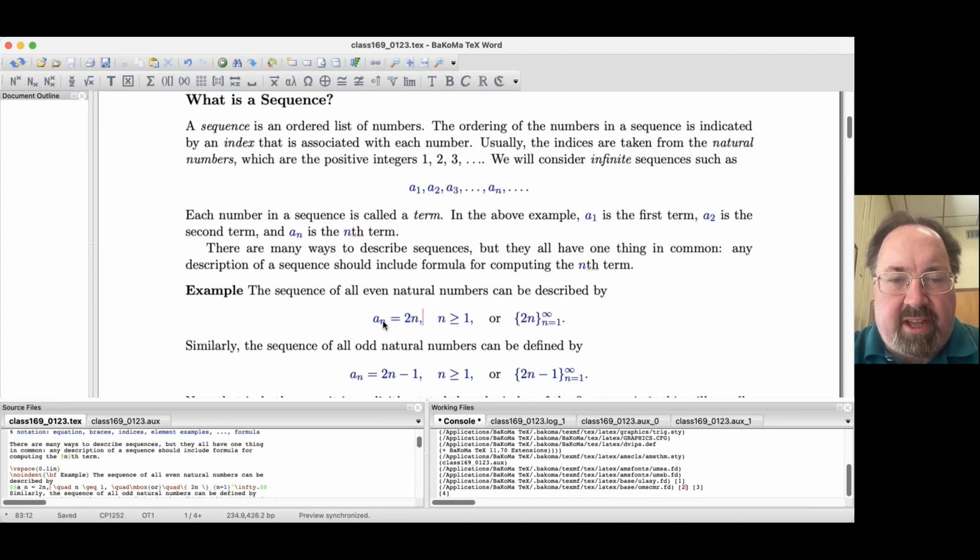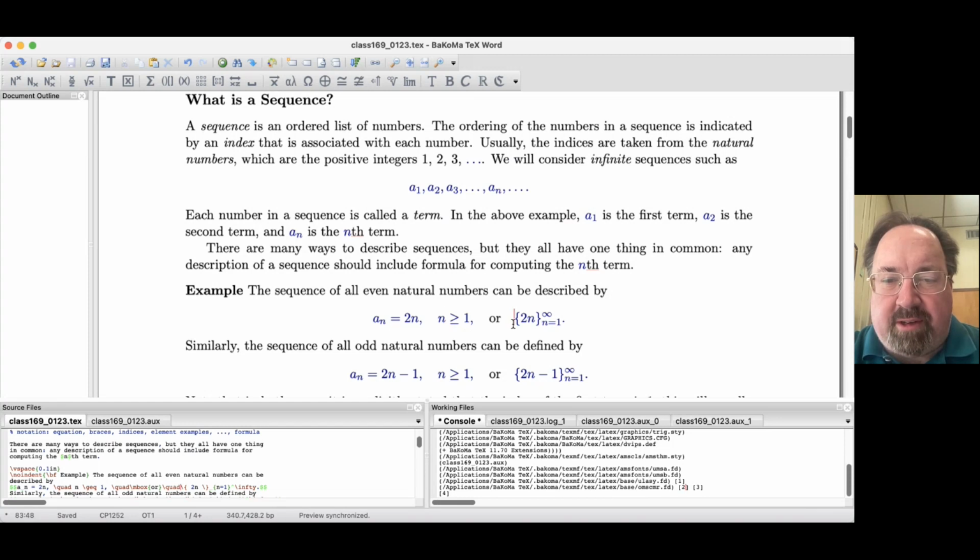So the nth element of a sequence would be the nth even number, which is just 2 times n. So we set n equal 1, we get 2, n equal 2, we get 4, n equal 3, we get 6, and so on. For all natural numbers, so n greater or equal to 1. So that's the typical way to describe a sequence like this. You just give a formula for a sub n.